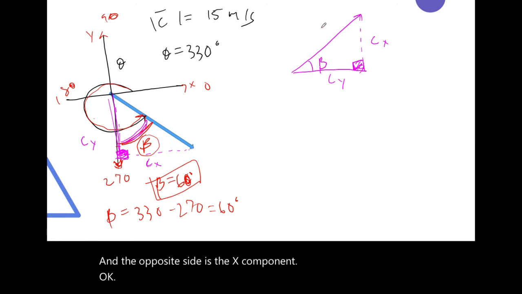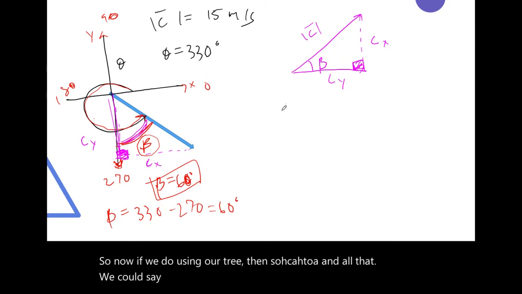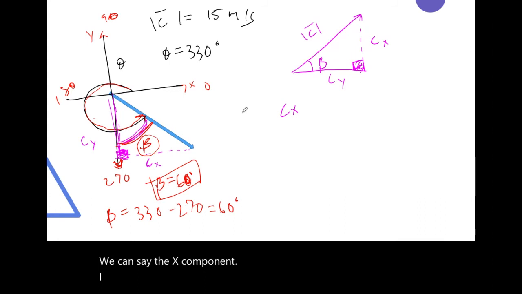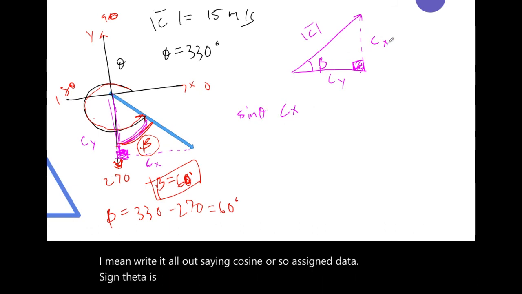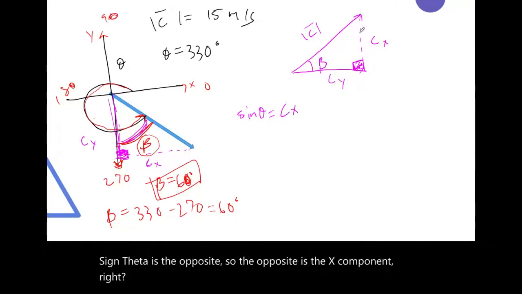So now using our trig and SOH CAH TOA, let me write it all out. Sine theta is the opposite, so the opposite is the x component, divided by the hypotenuse.